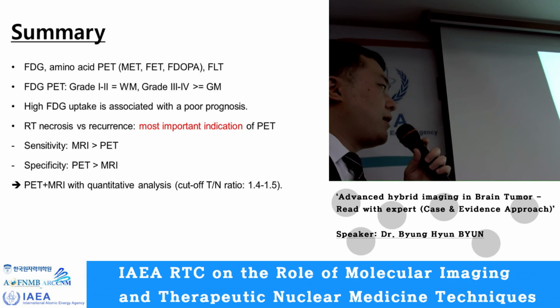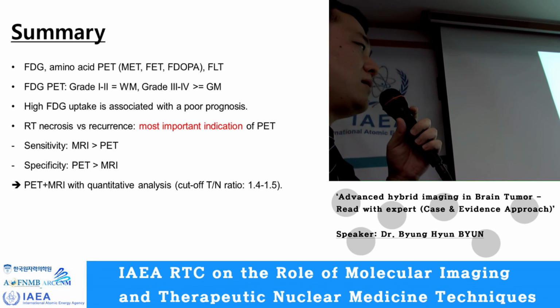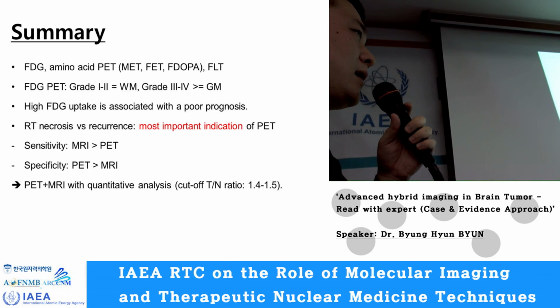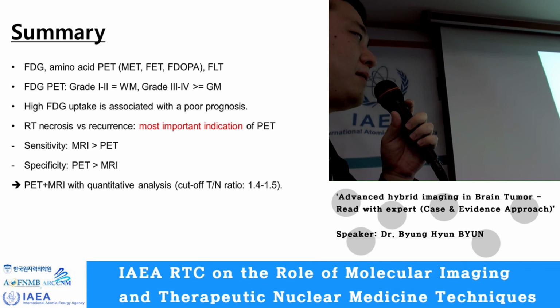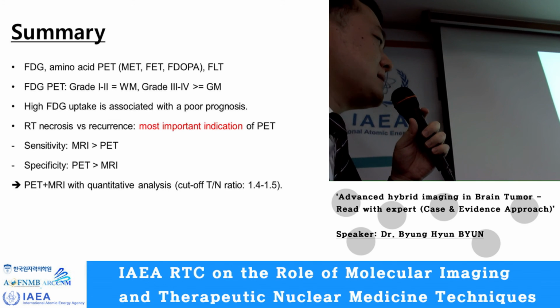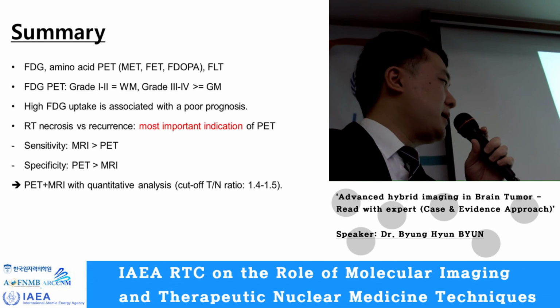Radiation necrosis and tumor recurrence is the most important indication of brain PET. Based on the previous reports, the sensitivity is higher on MRI than PET, and the specificity is higher on PET than MRI.